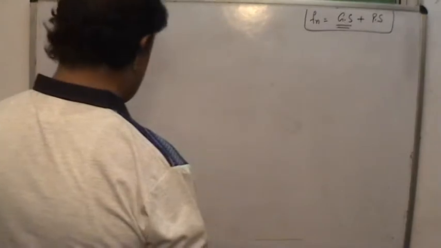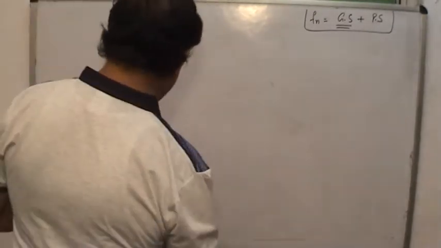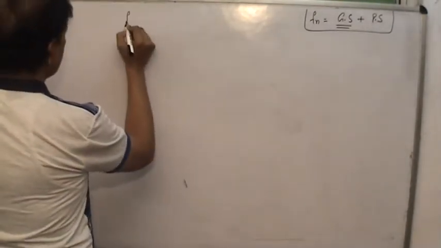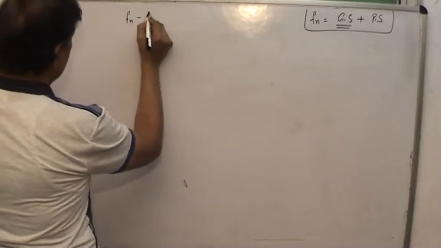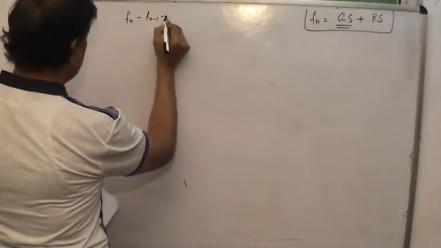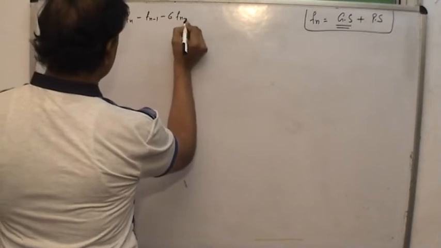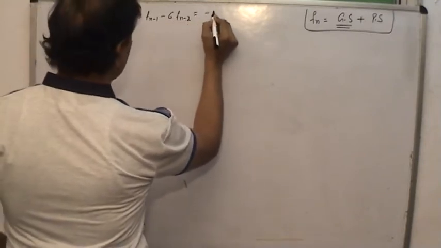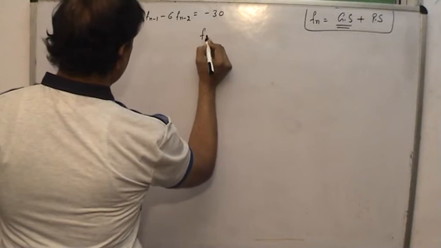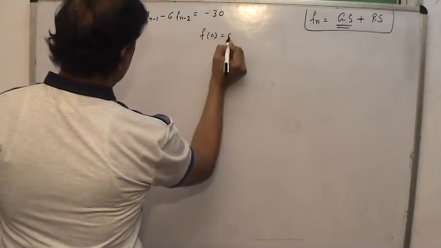Let us see the simplest formation of a recurrence relation in the non-homogeneous form. Fn minus 1 minus 6 times Fn minus 2 is equal to minus 30. F0 is equal to 0.